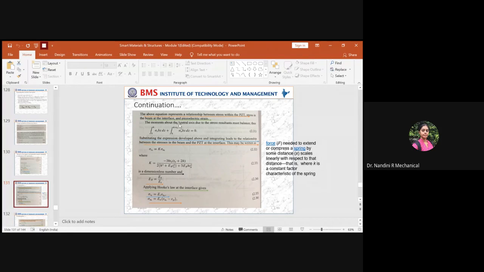You need to determine the moment across the neutral axis, because whatever stress is coming across has to balance, and this will balance only across the neutral axis. At the neutral axis there will be no effect. Above the neutral axis you have compression, and below the neutral axis you have tension, and you have stress distribution both at the top surface of the structure and bottom surface of the structure.